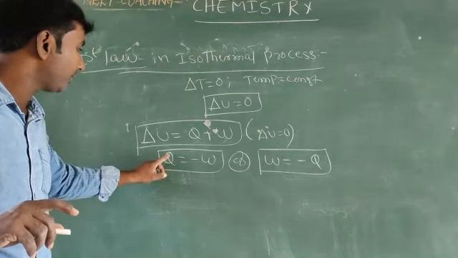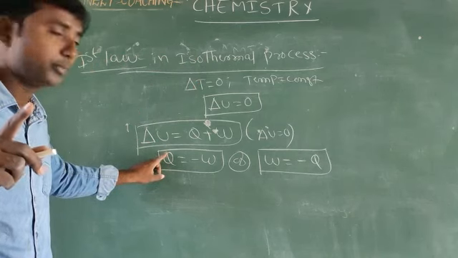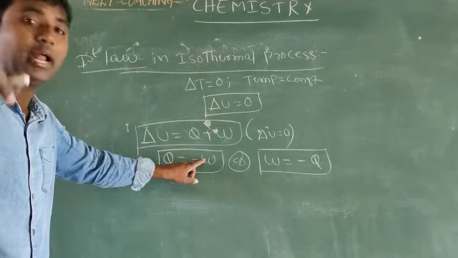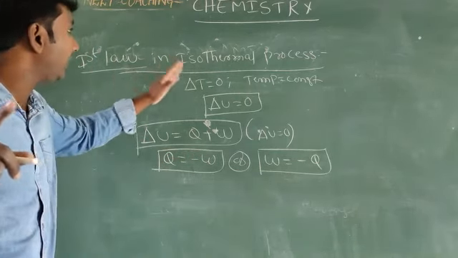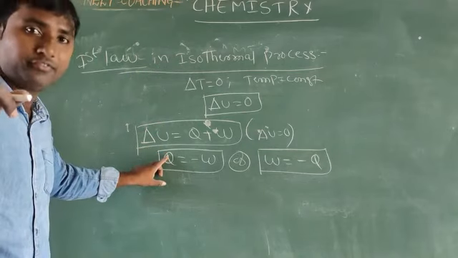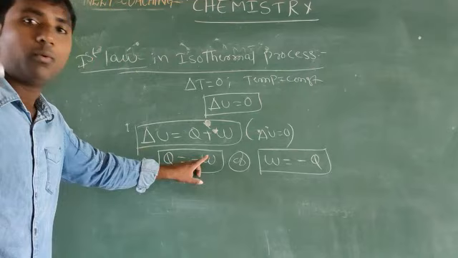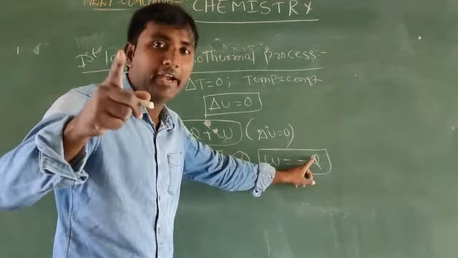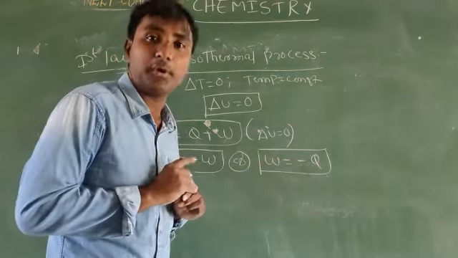That means heat supplied to the system equals work done by the system. If heat is supplied to the system, work is done by the system. If heat is released from the system, work is done on the system.